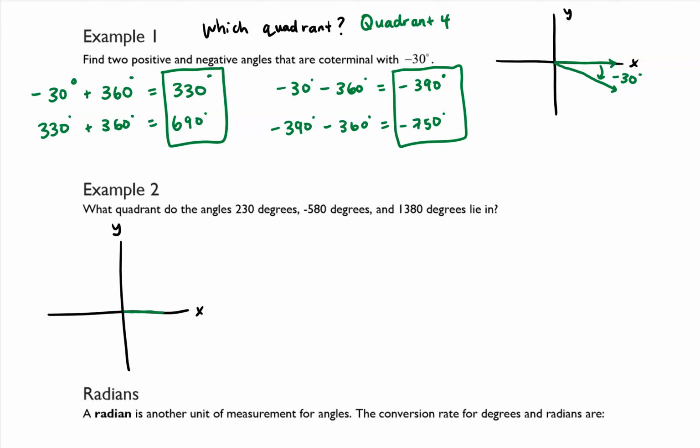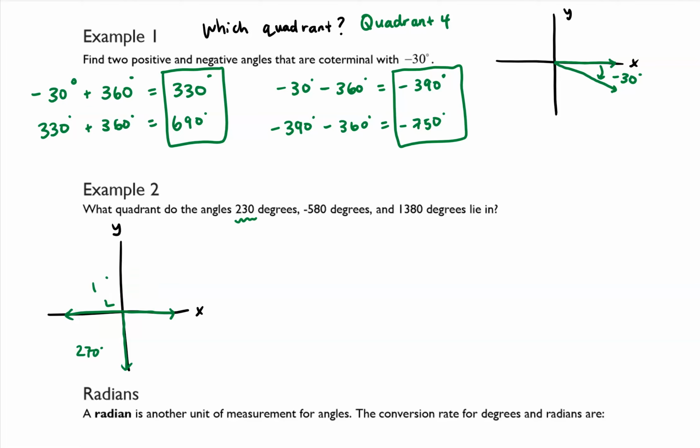So if I started here and then I graphed this part, this would be 180 degrees. And if I started there and ended there, that amount of rotation would be 270 degrees. And note that 230 is between 180 and 270.